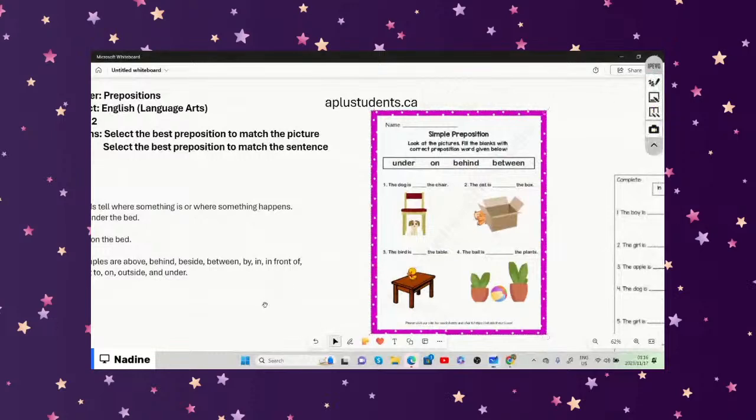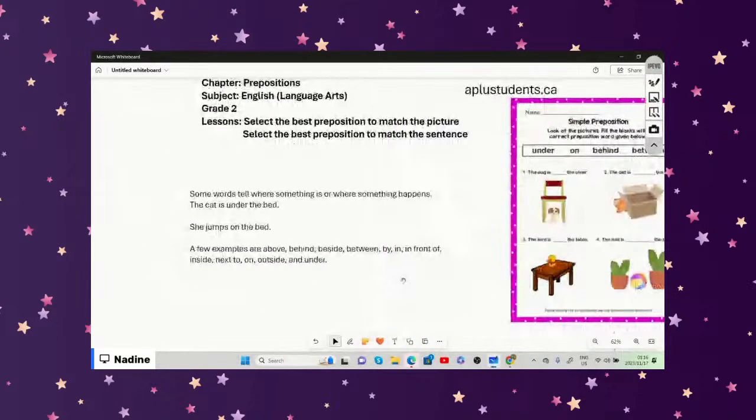And just before we go to A plus students.ca, remember prepositions are words that tell us where something is, or where something happens. A few of the prepositions are above, behind, beside, between, by, in front of, inside, next to, on, outside, and under.